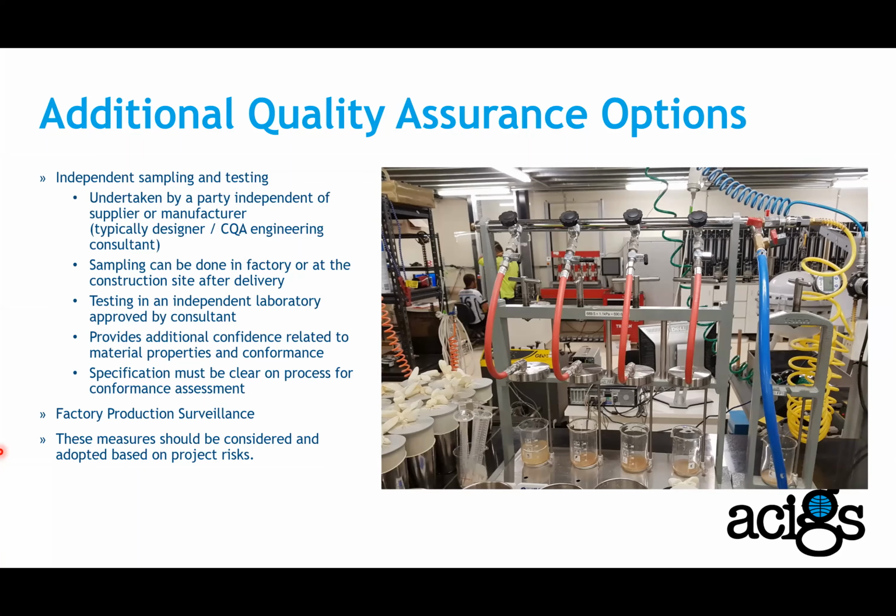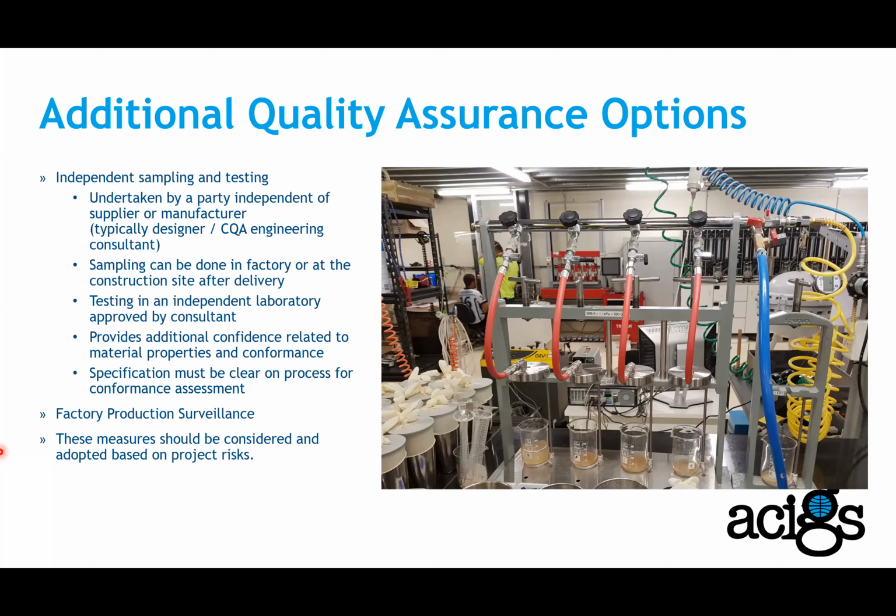They are undertaken by a party independent of supplier or manufacturer, so typically the designer or CQA engineering consultant will do this exercise. Sampling can be done in factory or at the construction site after delivery, and I'll talk about that a bit later.